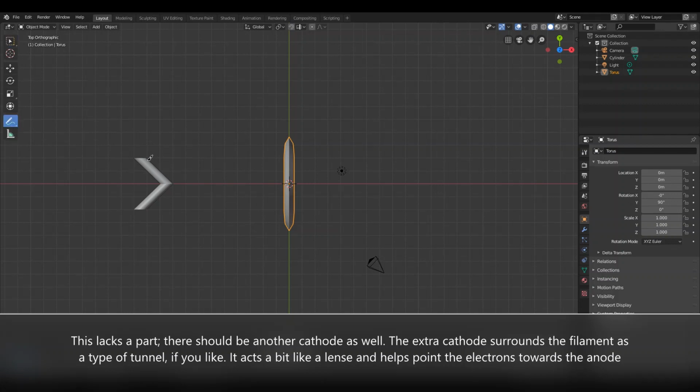Let's look at. I'm gonna annotate a little bit. So this is then the anode. So let's just annotate. This is the cathode.